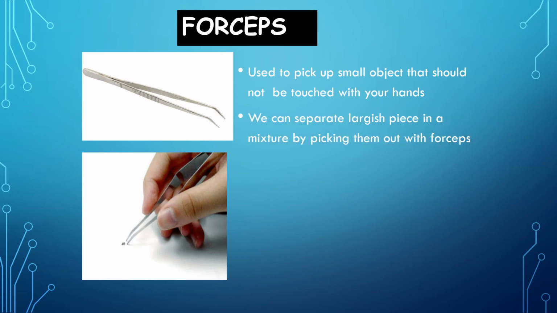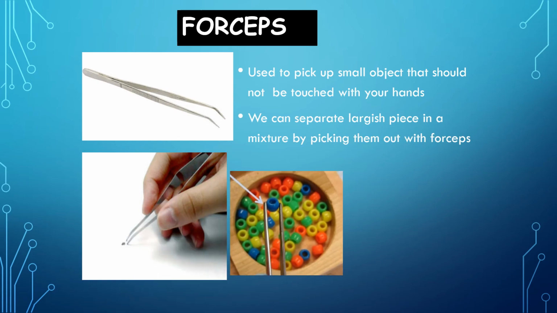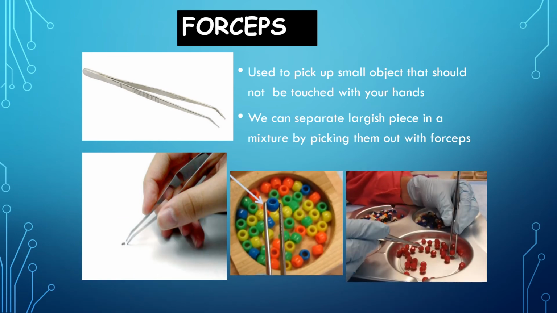We can also use the forceps to separate larger pieces in a mixture by picking them out. So for example, separating beads. If you want to separate the different colors of the beads, especially if the beads are very small, then you can also use forceps to pick them up.